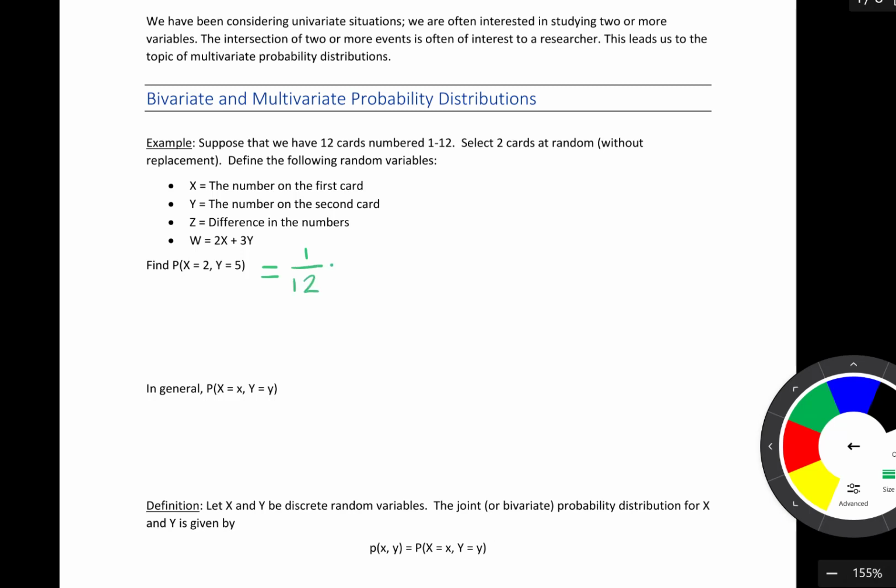Now when we go to draw our second card, since we're sampling without replacement, we have 11 cards left in the deck. We know we're looking at the probability the first one was equal to 2, so we know 5 is still available. So the second one is going to be 1 out of 11. And we could write this as follows as well.